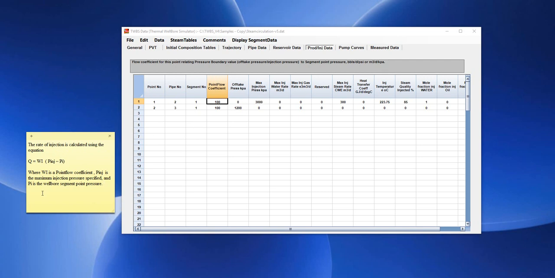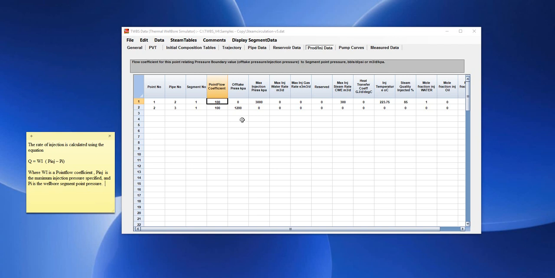MPI here is the wellbore segment point pressure. This is the segment pressure itself, so this injection pressure is an external pressure outside the segment. This point flow coefficient relates the external injection pressure to whatever is calculated inside the segment pressure.